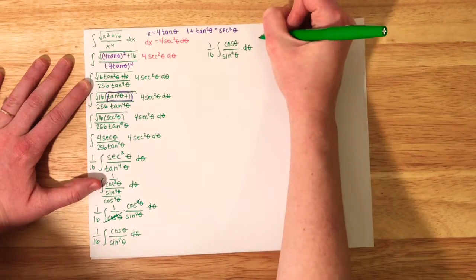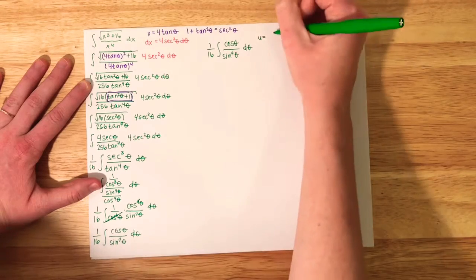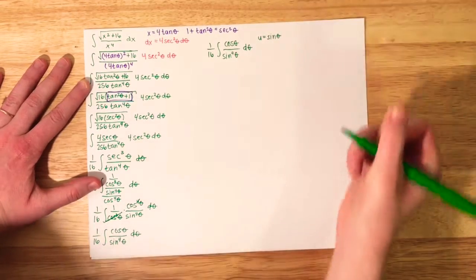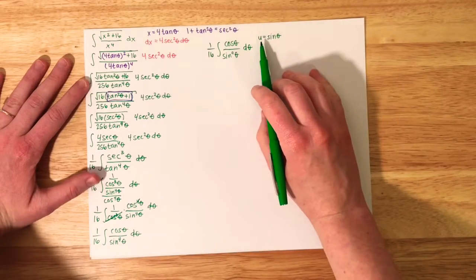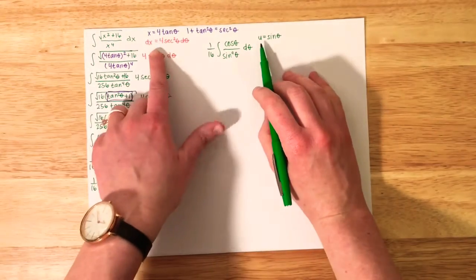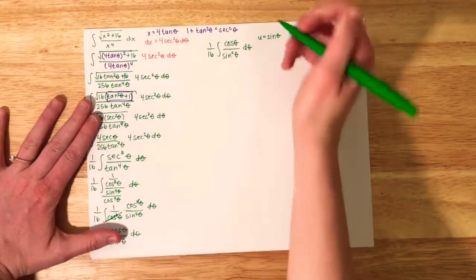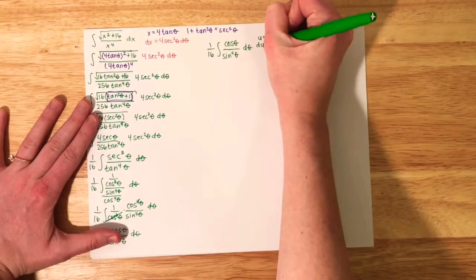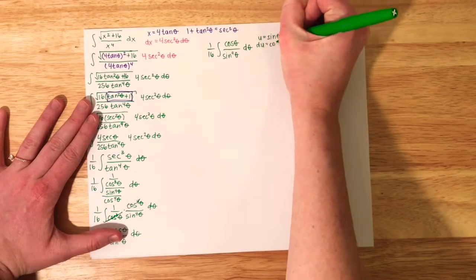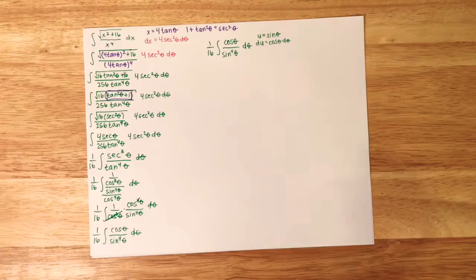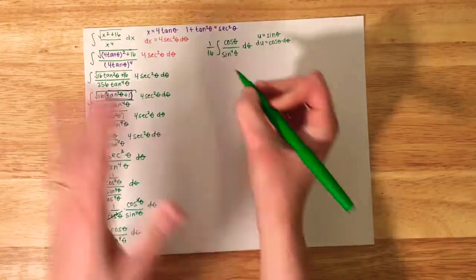All right, so let's do our u substitution. We'll let u equal sine theta. Because we're changing our variables, just like we had a differential here, we're going to have a differential here. So that's why we take du is equal to cosine theta d theta. Alrighty, so let's make this substitution here.